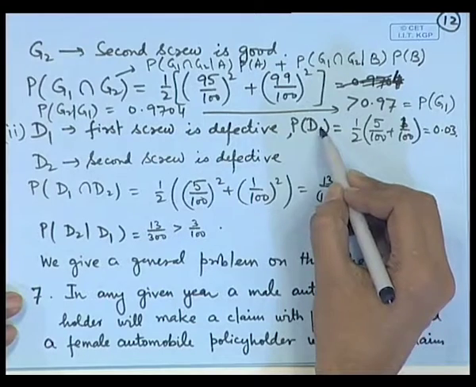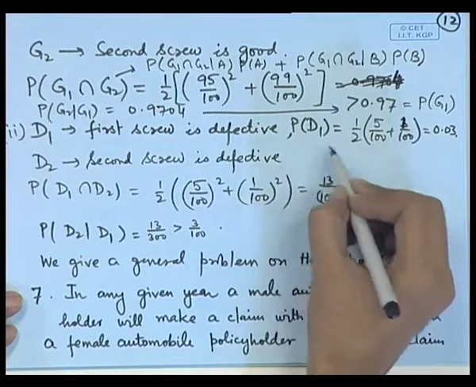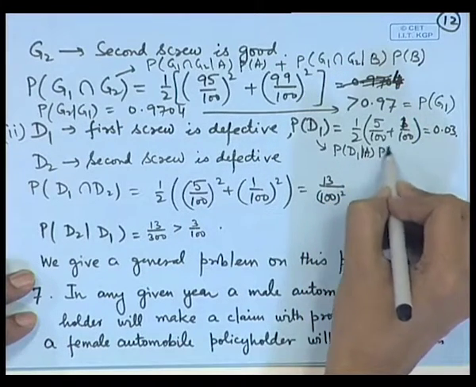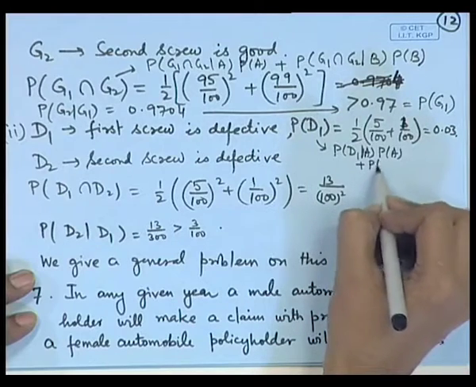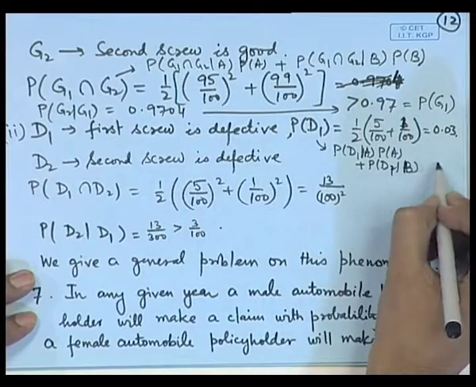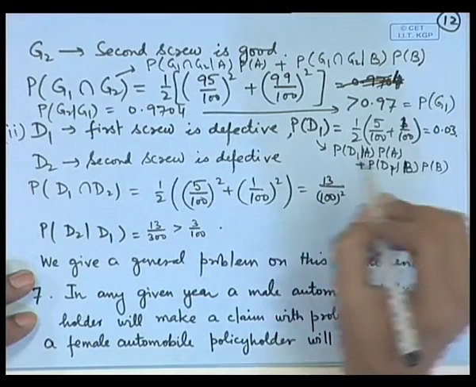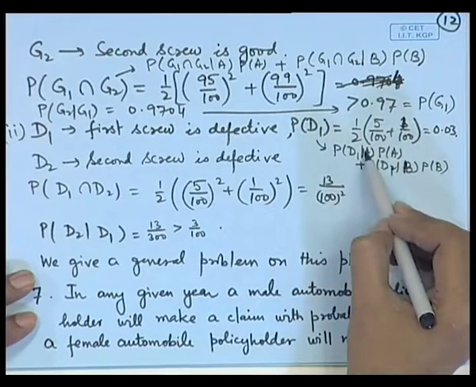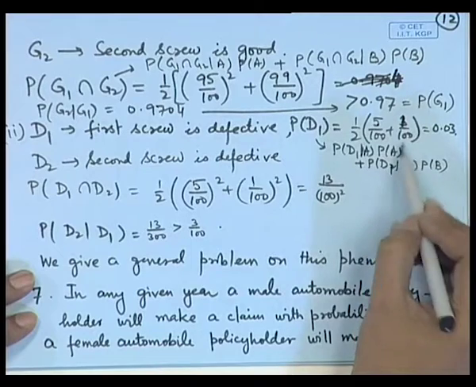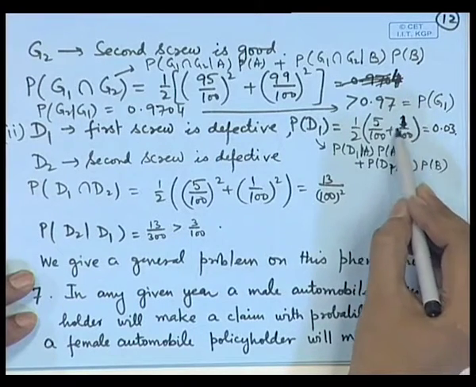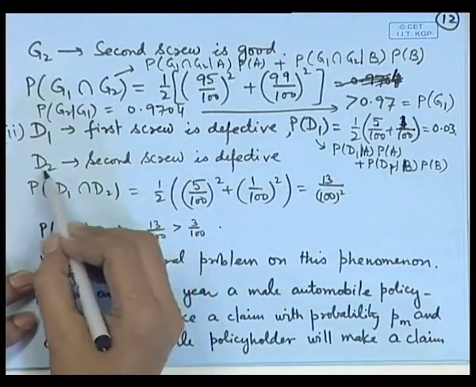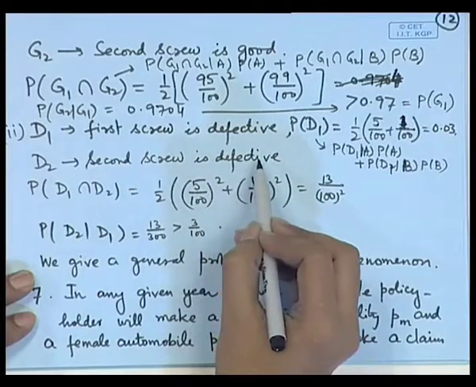So, probability of D1, using the argument which we considered earlier, we can write as probability of D1 given A into probability of A plus probability of D1 given B into probability of B. So, this is equal to half, the 5% from factory A are defective, that is 5 by 100, and 1% from supplier B are defective, so it is 1 by 100. So, it is 0.03.